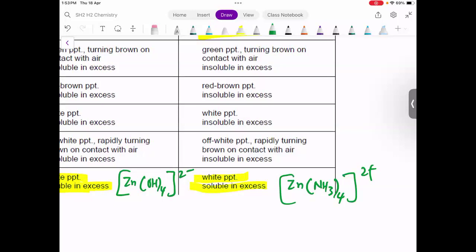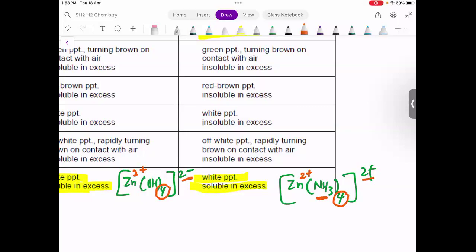For example, zinc 2 plus, twice of it is 4, so a net charge of 2 minus. But ammonia is charge neutral, so it assumes the cation charge.